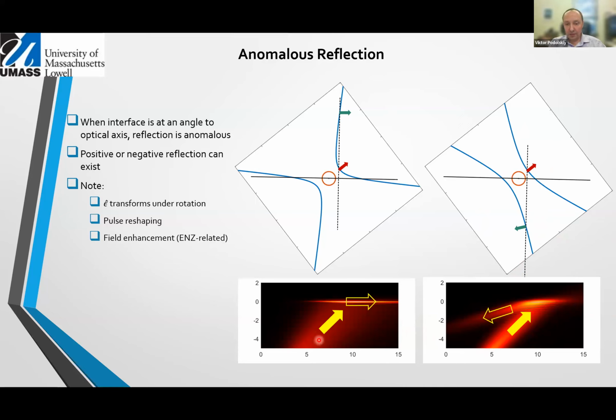What is interesting is this regime here, where your reflection basically causes light to propagate more or less along the interface. So in this particular case, you can see that your light gets extremely enhanced. And this enhancement of local field basically results from the epsilon-near-zero response that this particular beam feels.